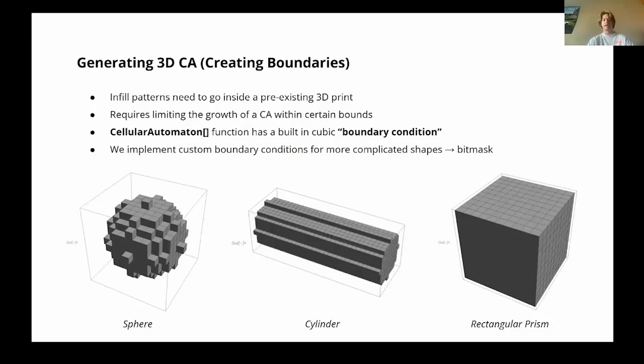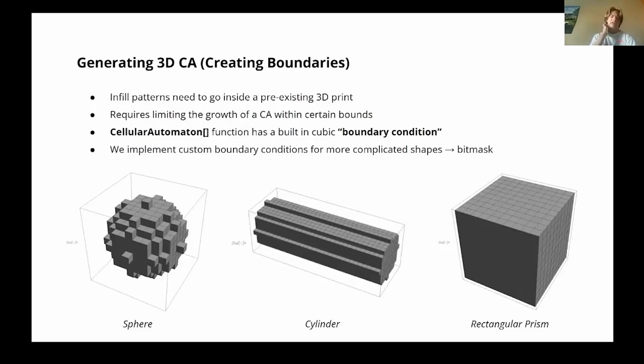So here are our basic geometric proofs of concept where we are able to define a bit mask mathematically. In a sphere, we had a matrix where if the x coordinate squared plus the y coordinate squared plus the z coordinate squared is less than the radius of the sphere, then that element is a 1, otherwise it is a 0.